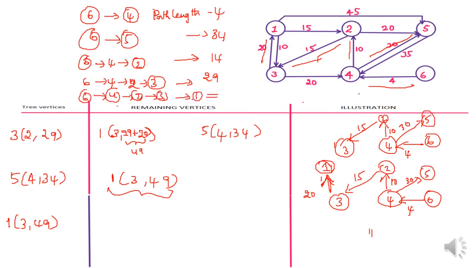Before reaching 1, what's the adjacent node? That is 3. That's what we have represented. The total distance, you can see here, is 49. Even if you add up here, it is 45 plus 4, 49. So this is the shortest distance. So that's about Dijkstra's algorithm and example.